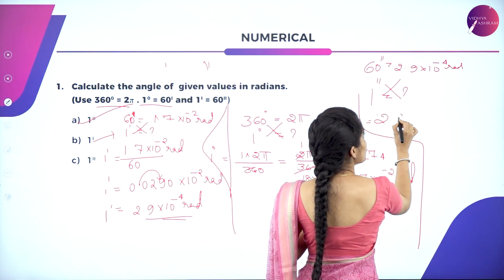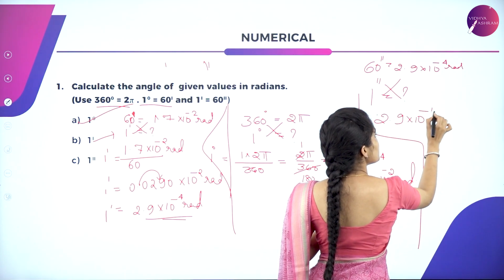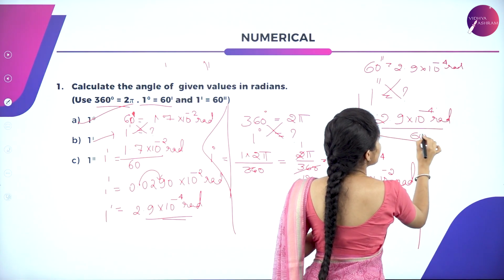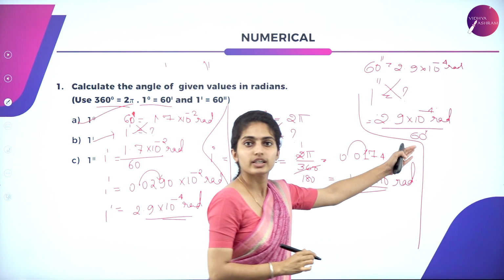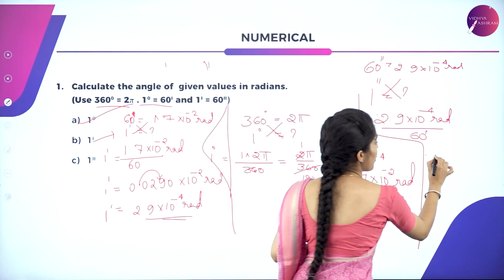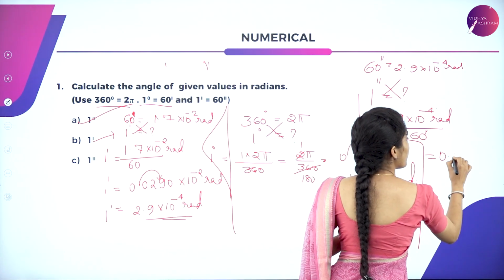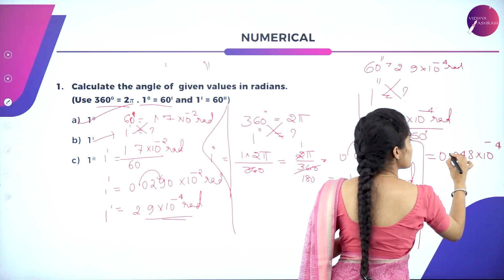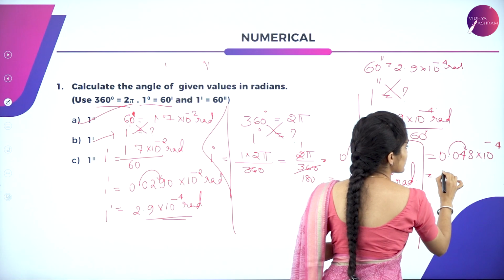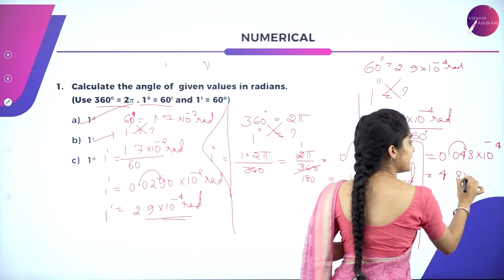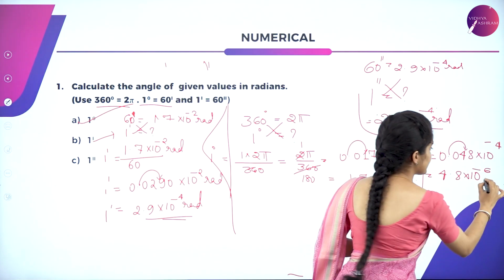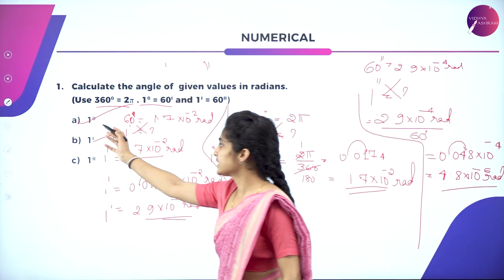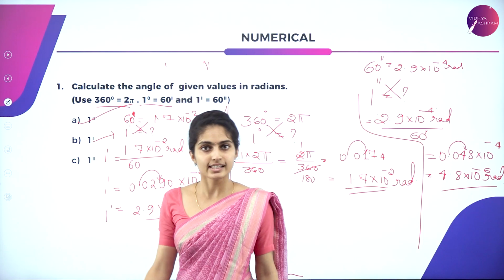So you have got 2.9 into 10 raised to -4 radian divided by 60 seconds. So on division, you get 0.048 into 10 raised to -4. So shifting 2 decimal places, you get 4.8 into 10 raised to -6 radian. So this is how you calculate the degree, minute as well as second in radians.